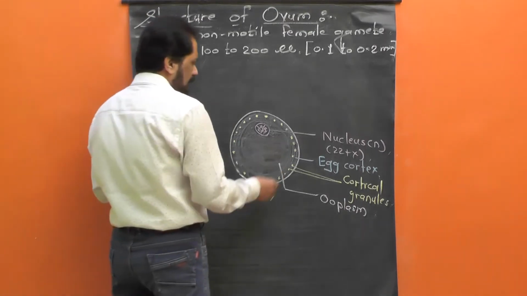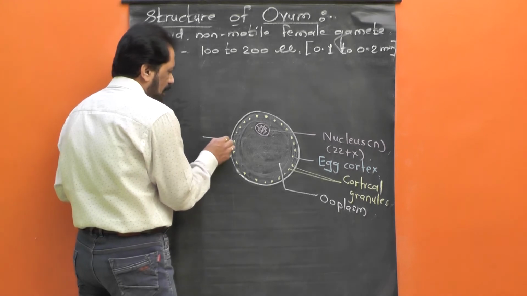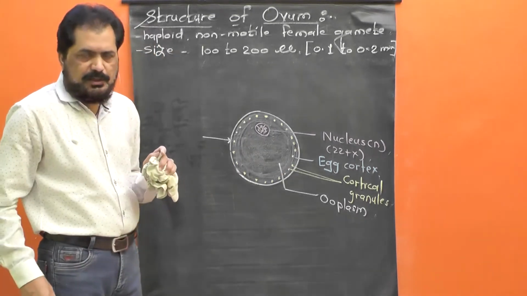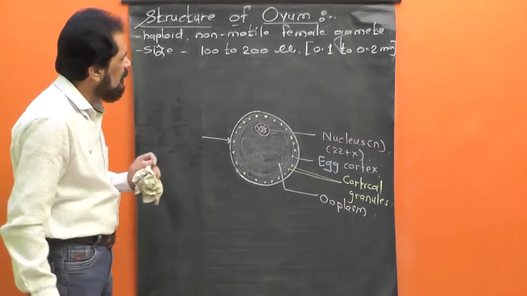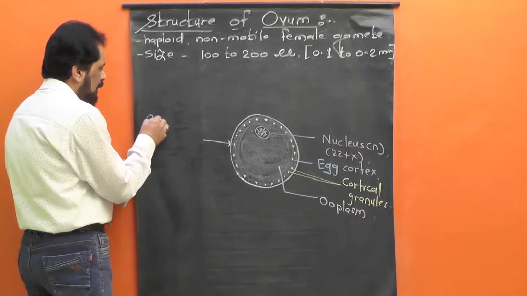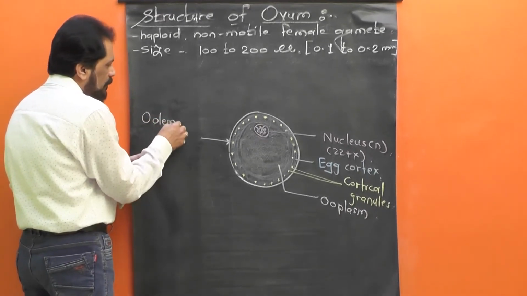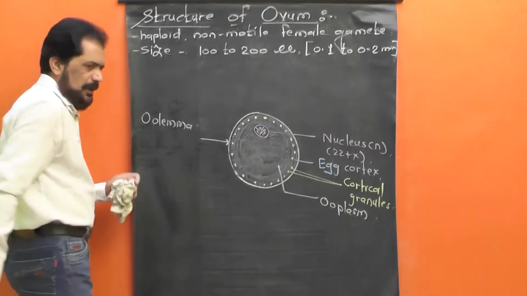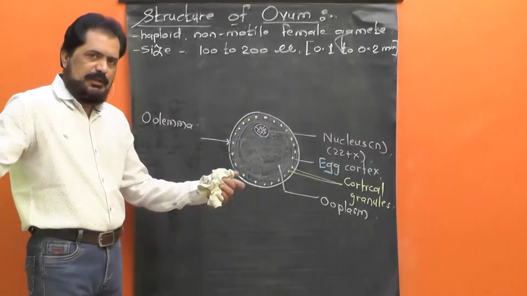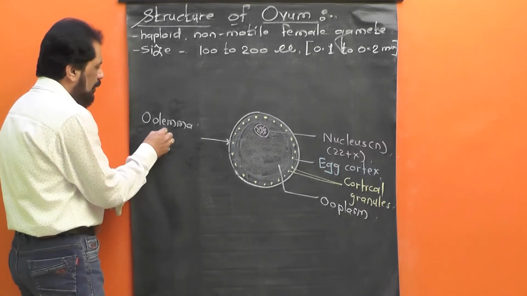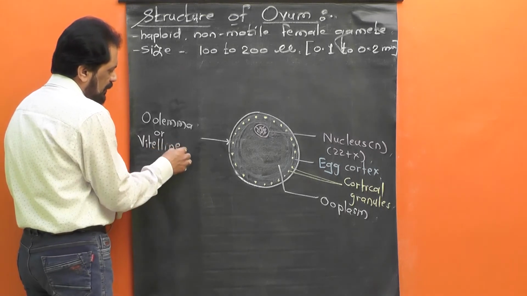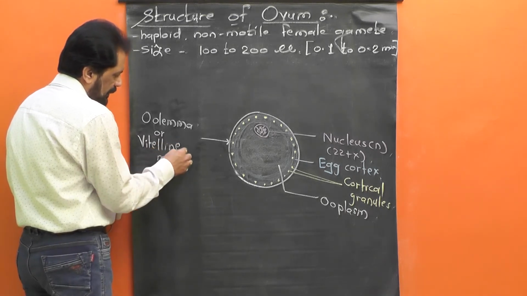The plasma membrane of the egg cell, that is the thin covering of the ovum, is known as oolemma. Very simple. O stands for egg or ovum, lemma stands for the covering. Oolemma, or it may be called vitelline membrane.